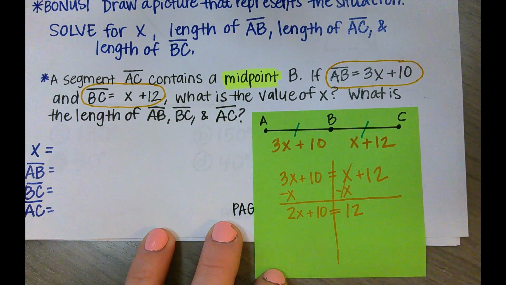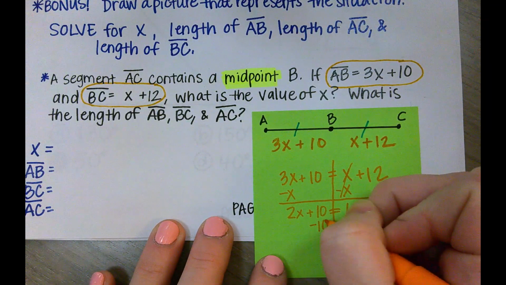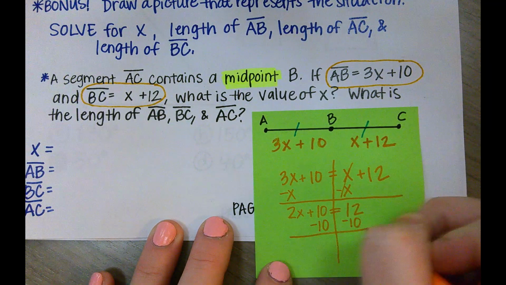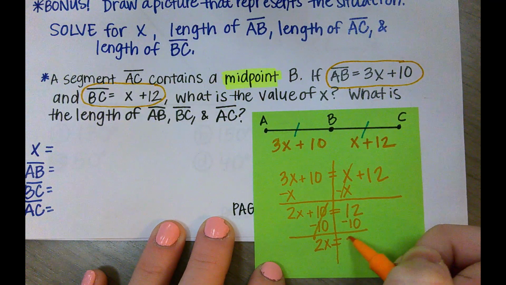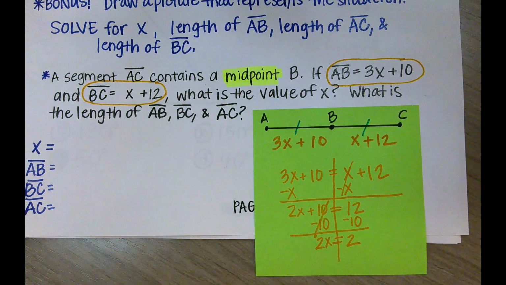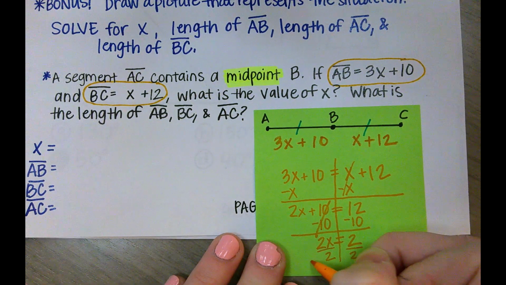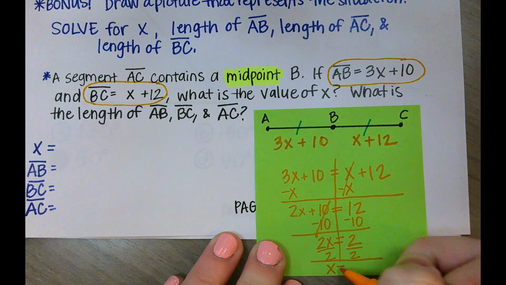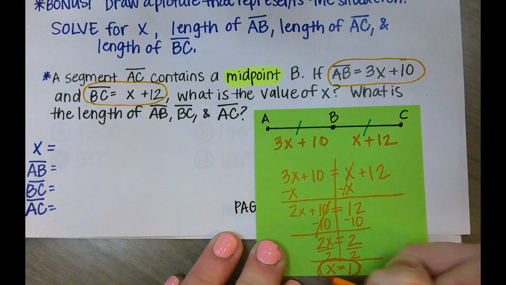Then you subtract 10 from both sides. 2x equals 2. And divide both sides by 2. x equals 1. Smooth. Good job.